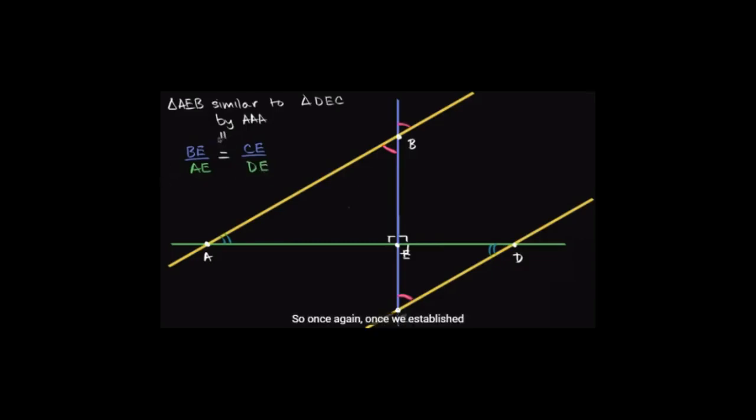So once again, once we establish these triangles are similar, we can say the ratio of corresponding sides are going to be the same. Now, what is the ratio between BE and AE? Well, that is the slope of this top line right over here. We could say that's the slope of line AB.